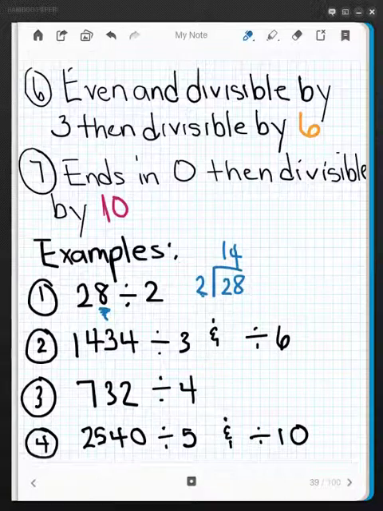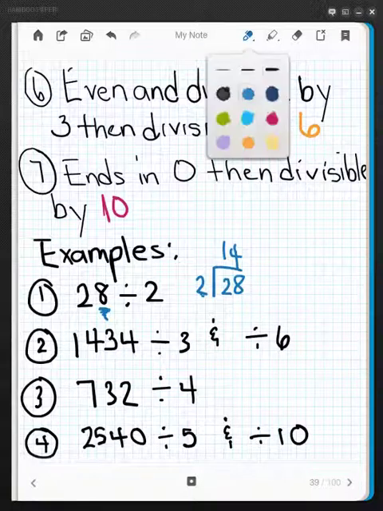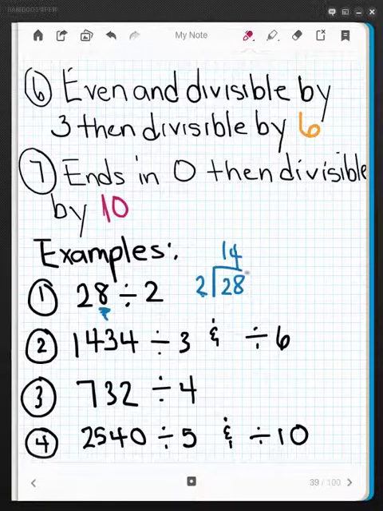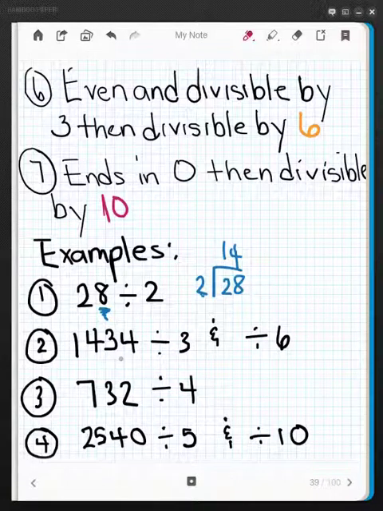Yep, sure enough. Let's check out if 1434 is divisible by 3 and by 6. You may guess that it's not going to be divisible by 3, because sometimes our brain gets confused that if a number is divisible by 3, it's got to end in something that's divisible by 3, but that's not the case.